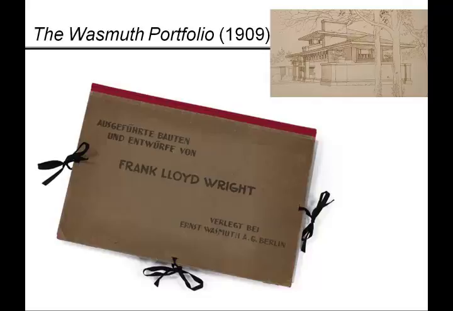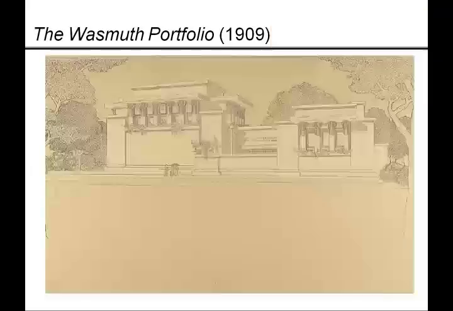And so this particular portfolio and the style of these illustrations, the designs that are shown here, primarily prairie style, were hugely influential. This is important because often we think that the influence of modernism came from Europe to the United States, and certainly it did. But I think you can see that as early as 1909, there were in fact influences going both ways. It was a two-way street.